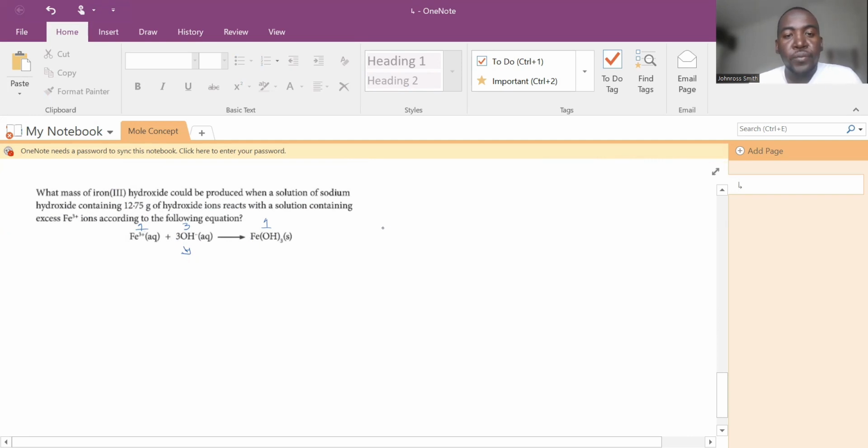So therefore, the first thing is to find the molar mass of the hydroxide ion, which has 1 mole of oxygen, which is 16, plus 1 mole of hydrogen, which is 1. So therefore, this is 17 grams per mole.